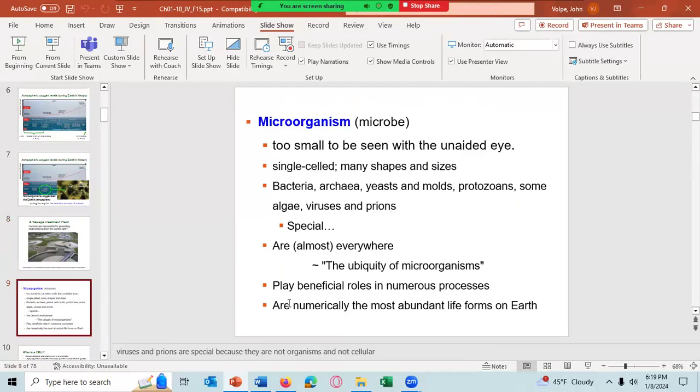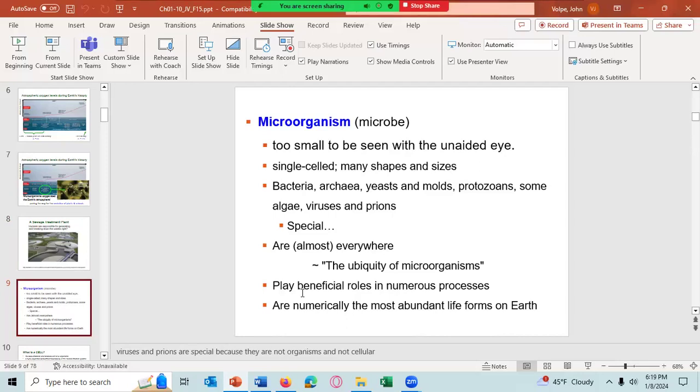Now, I've talked about microbes and microorganisms. Generally, those two terms mean the same thing. So when I say microbe, I mean microorganism. And when I say microorganism, I mean microbe. There is one exception there, and that is me, myself.